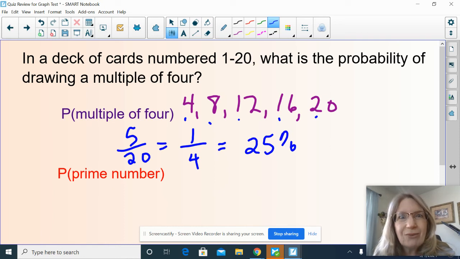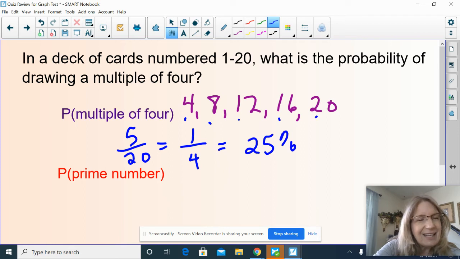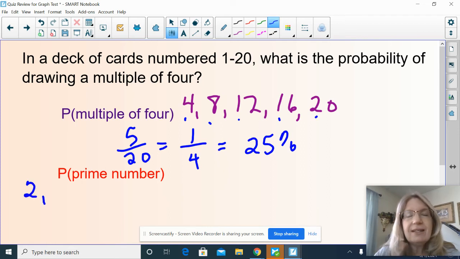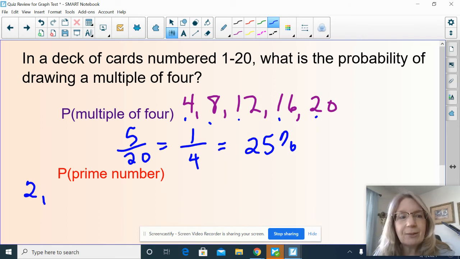Prime numbers. This is a great review. Probability that one of the cards you draw is a prime number. Go ahead and take out that hundreds chart. And I made a list. Out of 20, the 2 is prime, not the number 1. Don't put the number 1.